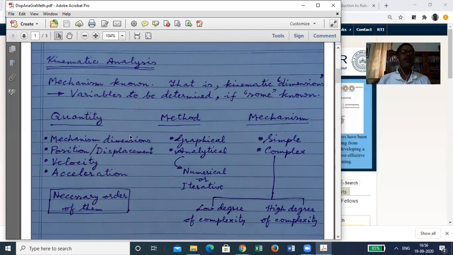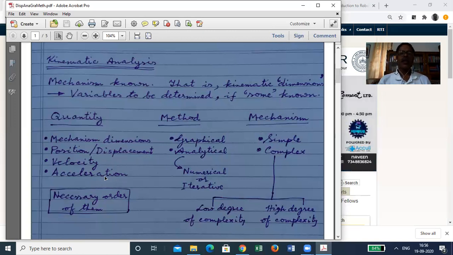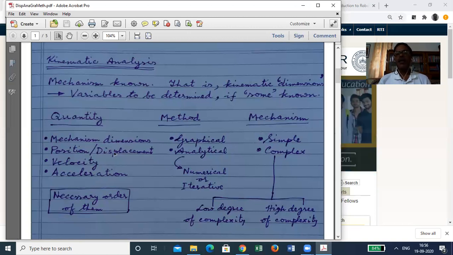Dimensions known, displacement to be analyzed with the required number of them known, and then with the required number of velocities, the same number of velocities known, others can be analyzed, and after that the same number of acceleration quantities known, typically inputs, the other acceleration quantities to be determined, that is the acceleration analysis. So in this lecture we will stay limited to displacement analysis only, and that also to graphical method only.